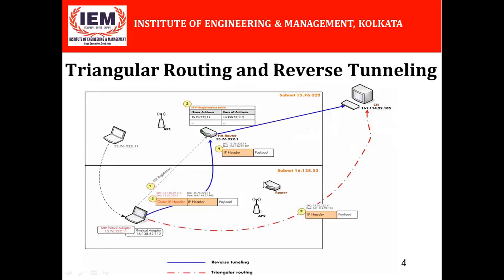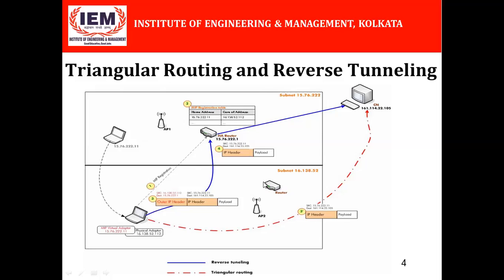The second step is the address mapping, but the third one is something different, because now it is the duty of the mobile node to transmit information towards the corresponding node. So how is it possible? It may be possible in two ways, and that's why we get another routing technique known as triangular routing.